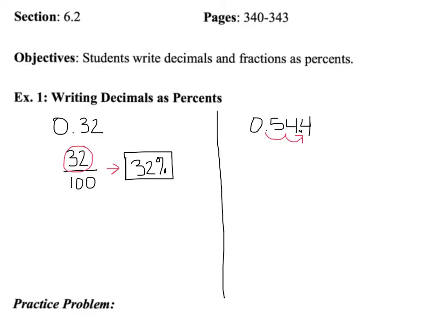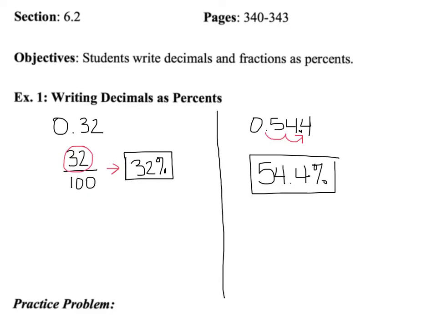So when we were changing a percent to a decimal, we moved the decimal to the left. But when we're changing a decimal to a percent, we're moving it to the right. So our answer would be 54 4/10%. So once I've moved that decimal 2 places to the right, I need to tack on that percent sign in order for those two numbers to be equivalent.